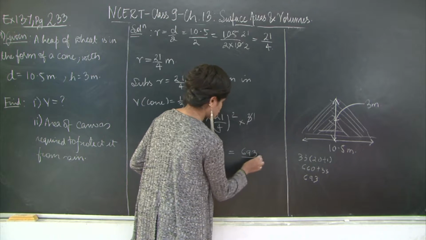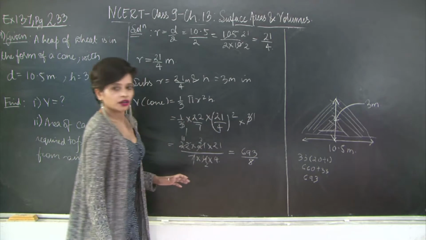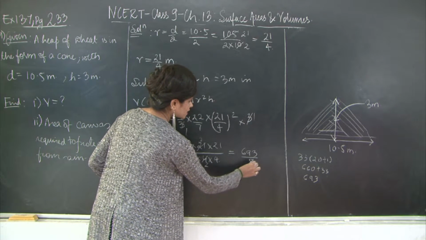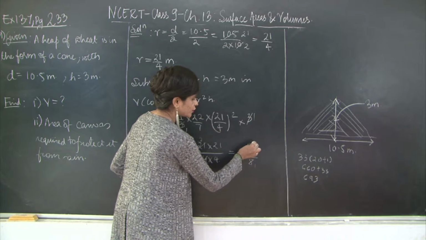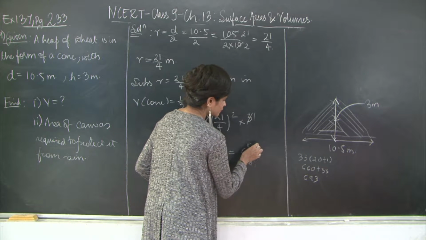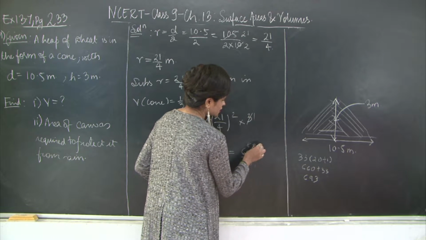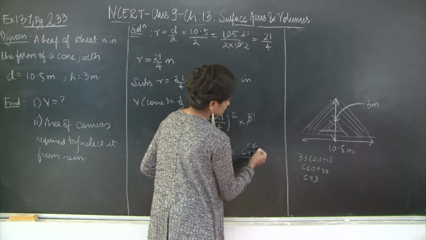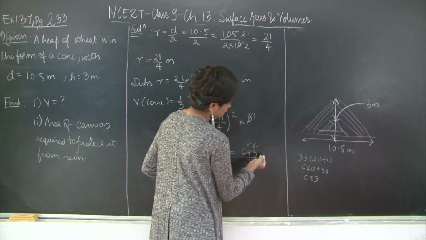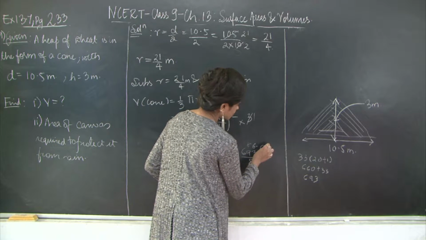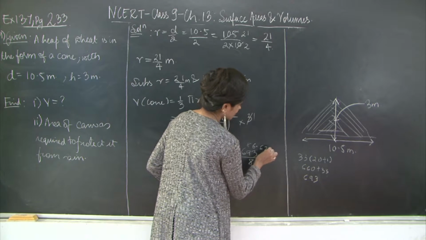693 upon 2 4s are 8. So let's calculate this further. 8 1s are 8, 8 8s are 64, you are left with 5, 8 7s are 56, 8 6s are 48. Then 53 minus 48 gives me 5, then 8 6s are 48, 8 2s are 16 and 8 5s are 40.